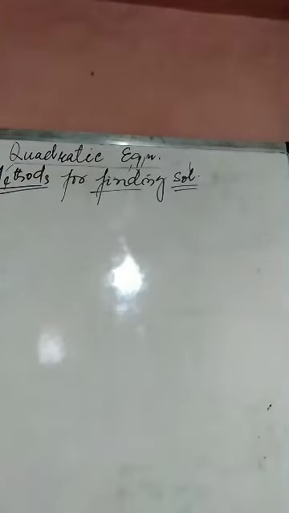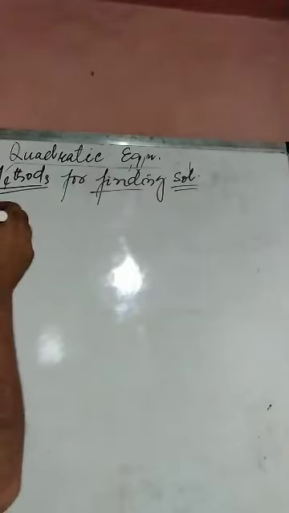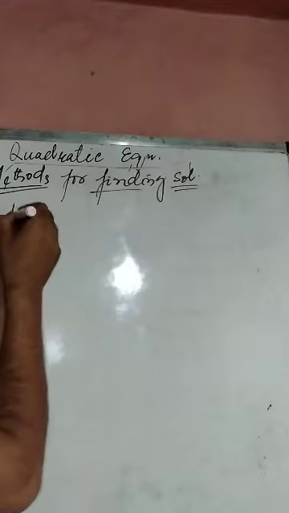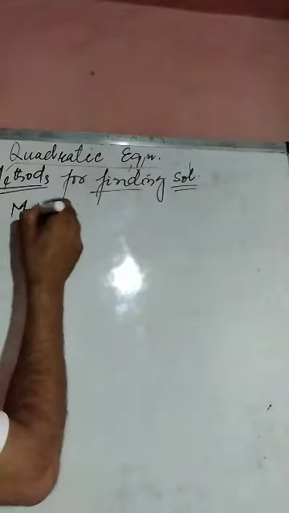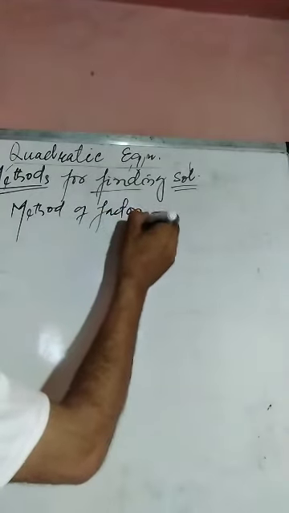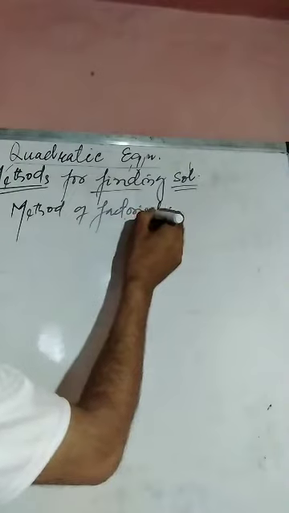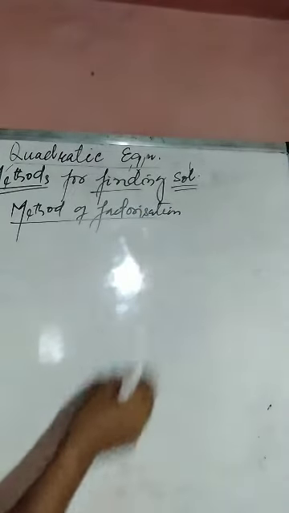What are the methods by which we can find the solution of a given quadratic equation? So for that purpose, first method, that is known as method of factorization. Method of factorization, the first method by which we find the roots of a quadratic equation.